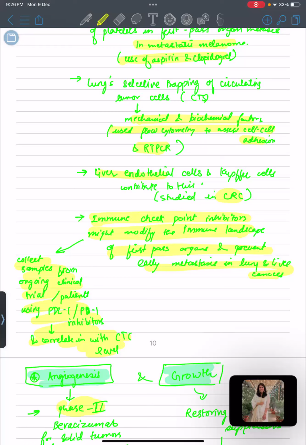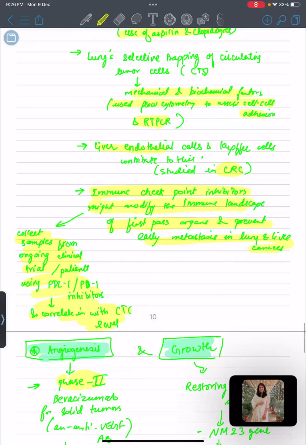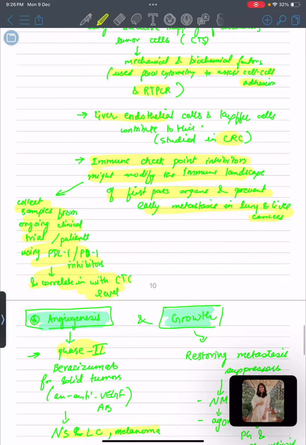They used flow cytometry to assess cell-to-cell adhesion and RT-PCR to see the DNA quantification and RNA quantification. Further, a similar thing was applied in liver endothelial cells and Kupffer cells in colorectal carcinoma. The above study was done in breast cancer.